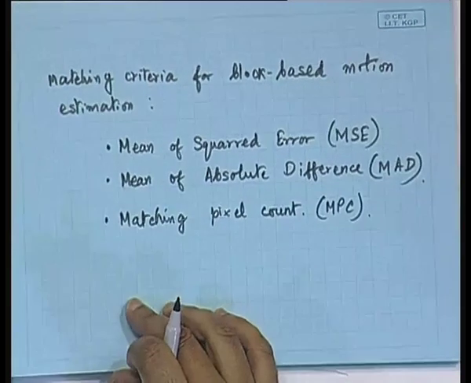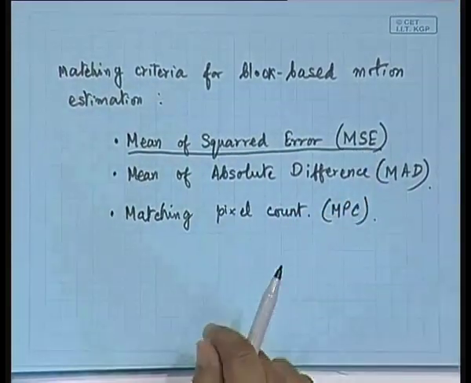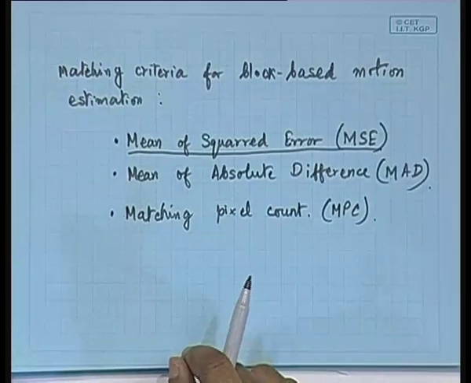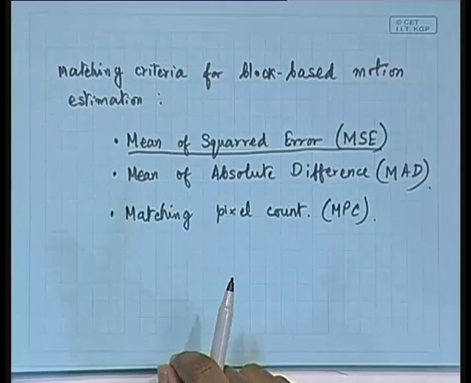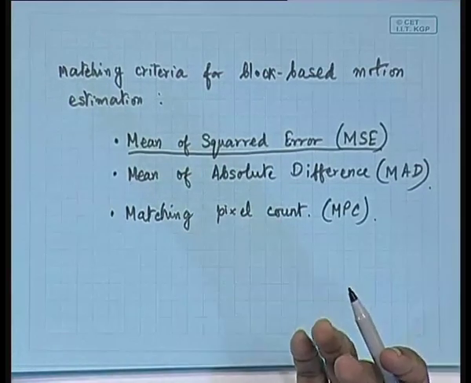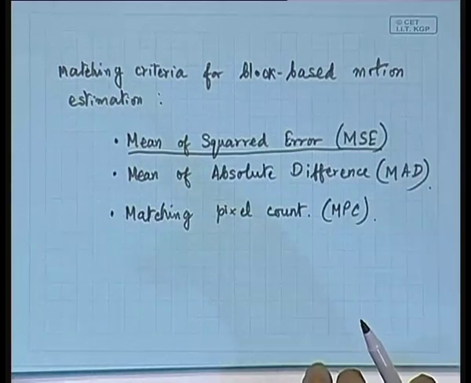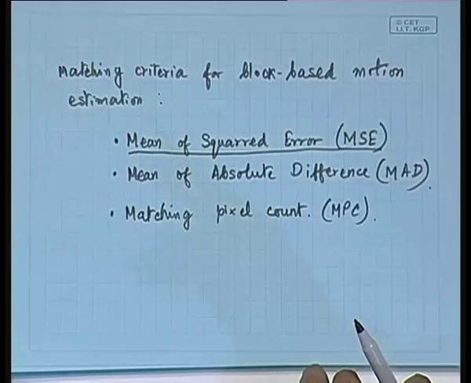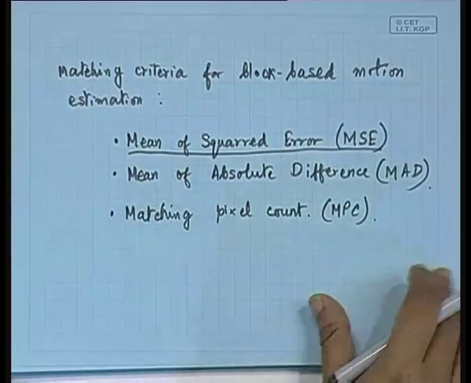Now, in the MSE or the mean squared error criterion, we are using some reference frame. Let us say that the reference frame is a past reference frame. It does not matter whether it is past reference or future reference, because we will just change the index accordingly.